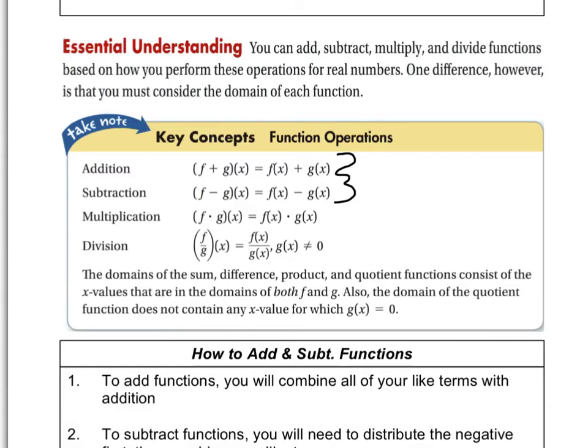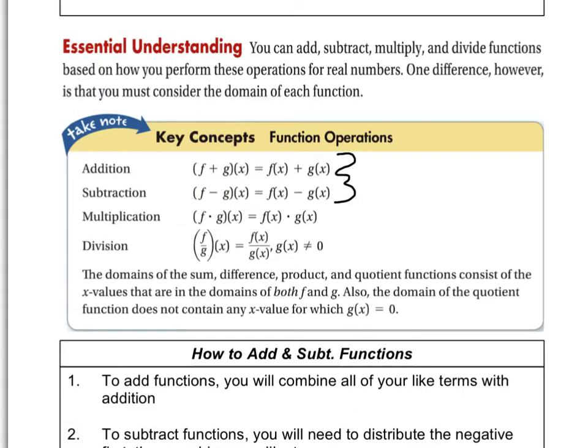Also, the domain of the quotient function does not contain any x value for which g of x is equal to 0. We've talked about domain and range before, and we're going to talk about it now in terms of functions. What numbers can you put in for x, and what numbers can you not put in for x? When it talks about domain and range, there's really only 2 stipulations.